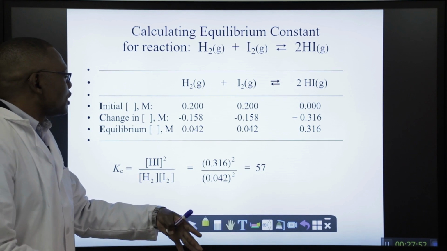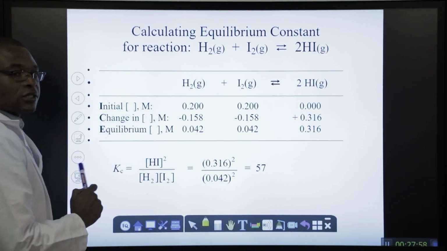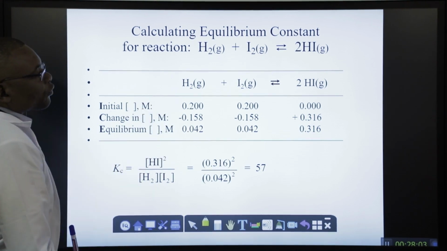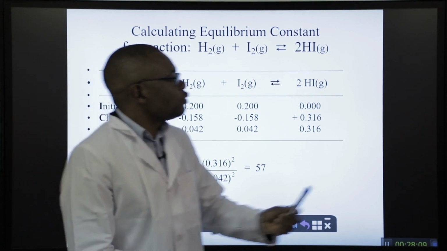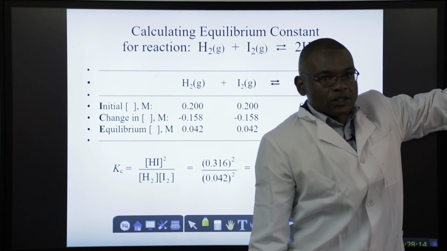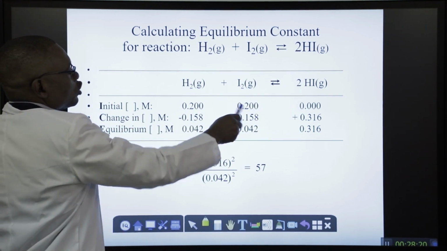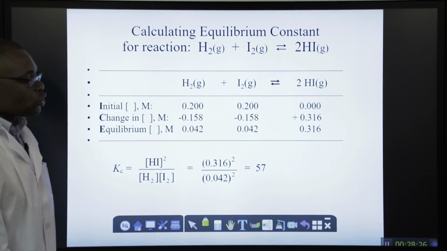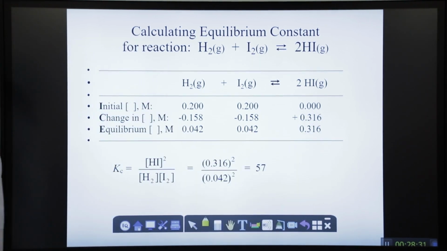Our initial concentrations are those of hydrogen and iodine. We were given number of moles and we changed them to concentrations, so that's why we have 0.2 and 0.2. Initially we have 0 amount of hydrogen iodide.